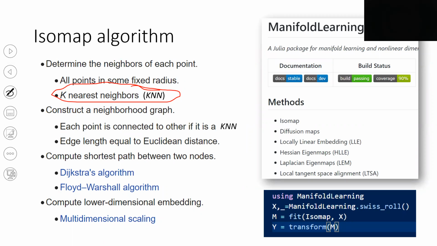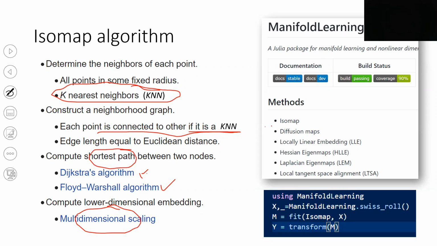Everybody knows what it is, but for Isomap, we need to have a KNN first. Then in the KNN, we look at the shortest path from one point to another using either this algorithm or this, then do the MDS.